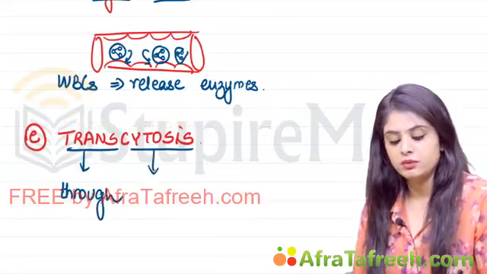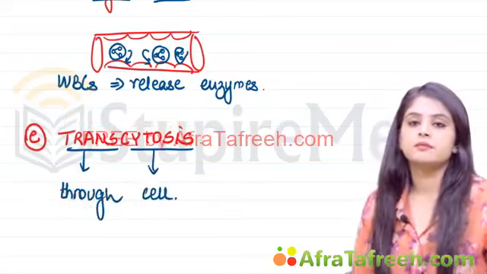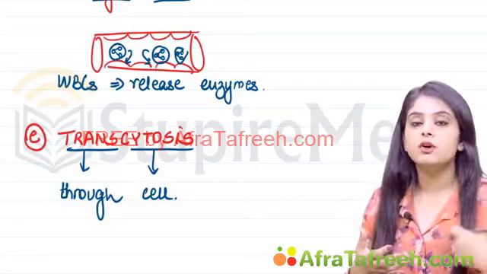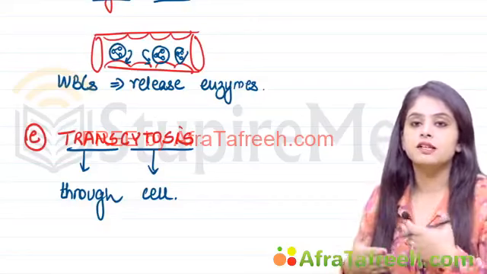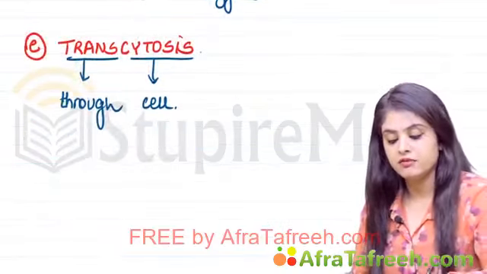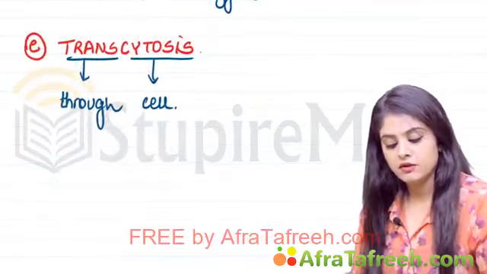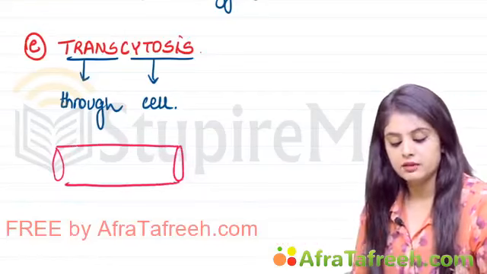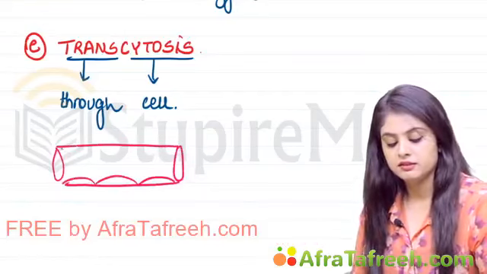Through what? Cyto means cell. So over here, the vascular permeability is going to increase because there is passage through the cell. Let's understand this with the help of a diagrammatic representation. For example, if this is the blood vessel that we have, lined by these endothelial cells.